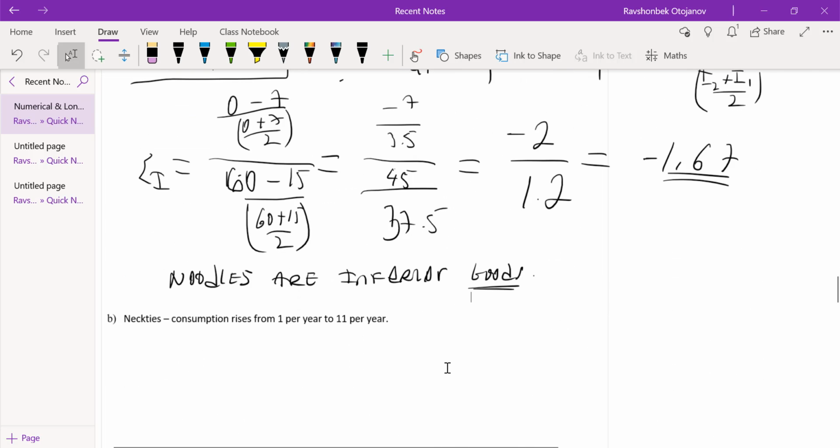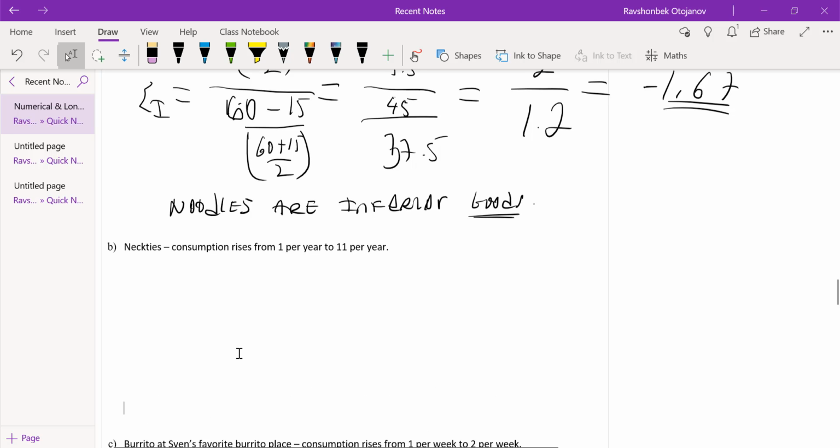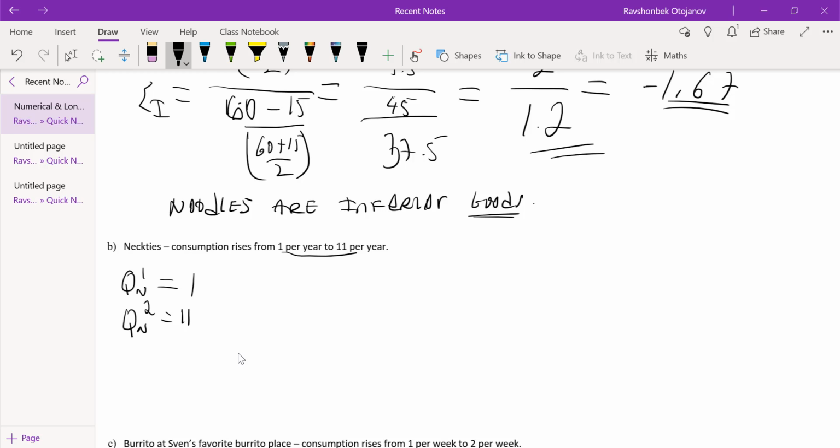Sven started consuming less of this product because of his income increasing, so that's an inferior good. Now certainly this is a big increase in quantity demanded of the next good. The first quantity is 1, the second quantity is 11. We know the income change from before, so we don't have to calculate it.